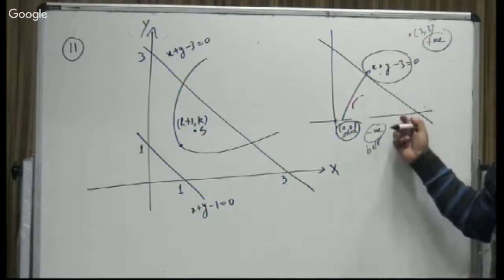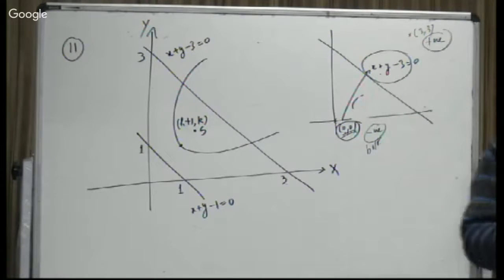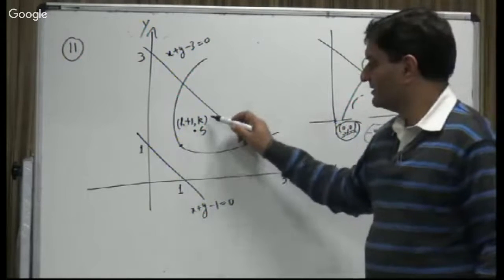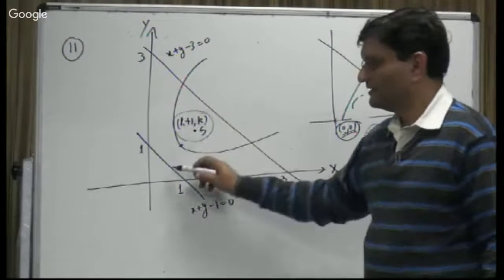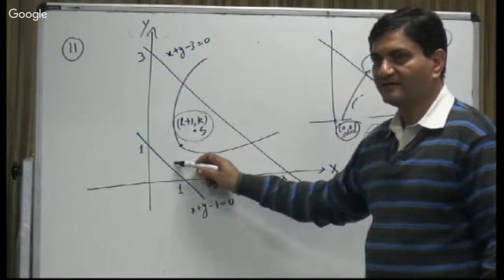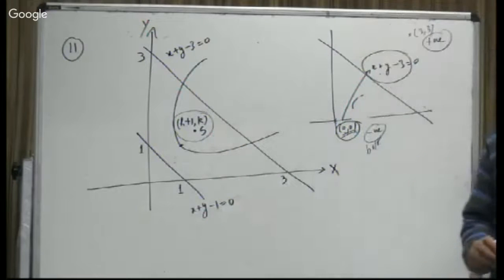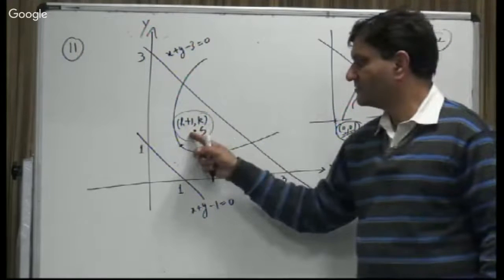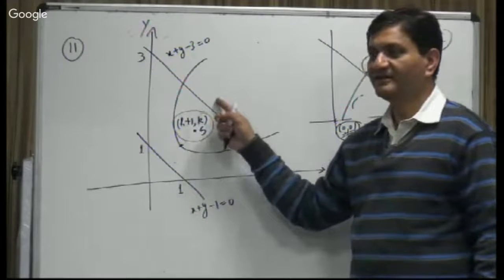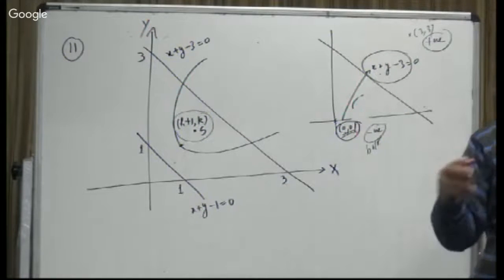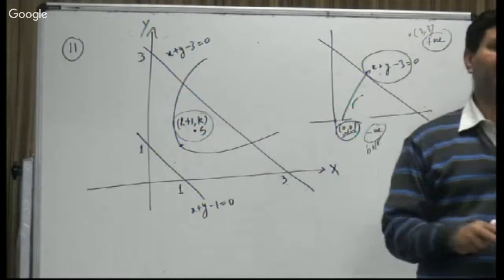So I'll use this concept. In this particular case, this point is above the line. So when I substitute this point in this, it will be greater than 0. And if I substitute the coordinates of this point in this line, it will be less than 0. So use this concept to find out the range of h and k.